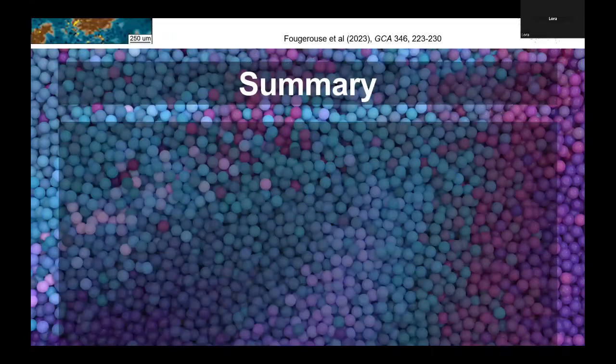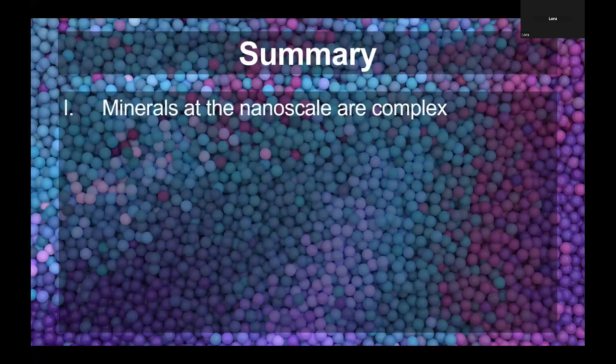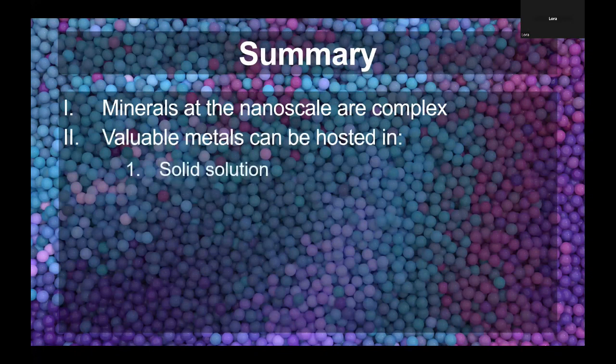So quick summary before I move on to the last point. These minerals are actually quite complex. We like to think that they're not, but they are. And we see these valuable metals hosted in several ways. Even solid solution, this is the common assumption from most studies in the past, where we have these solid solutions, simple, problem solved, but not really.